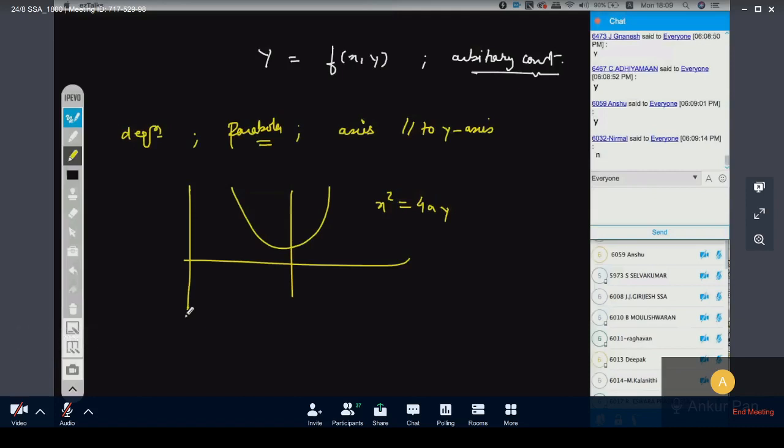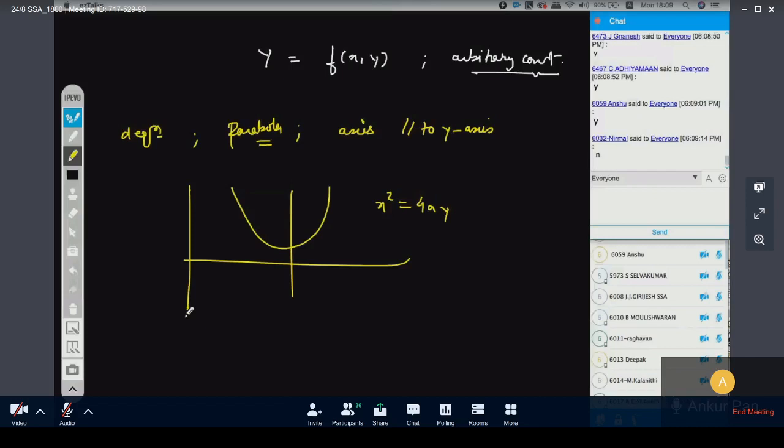That's the only challenge in this scenario. At times, if they don't give you an equation, making an equation should be known to you. You should know how to make an equation of the given definition. Here parabola is given, so at least you can write x square equal to 4ay. But is the other definition getting satisfied?